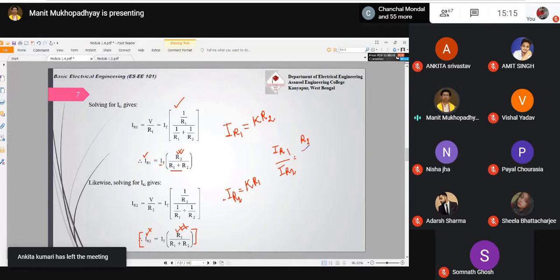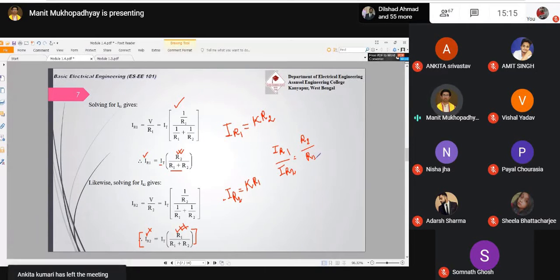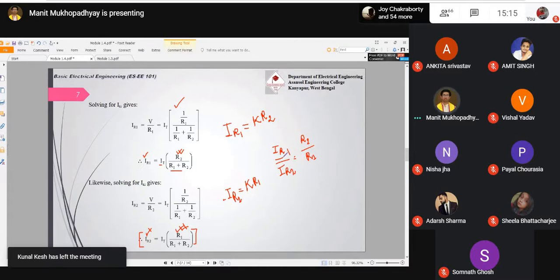equals R2 by R1. So in the current divider circuit, we can say that the current flowing through a branch, through a resistor, is inversely proportional to its resistance.